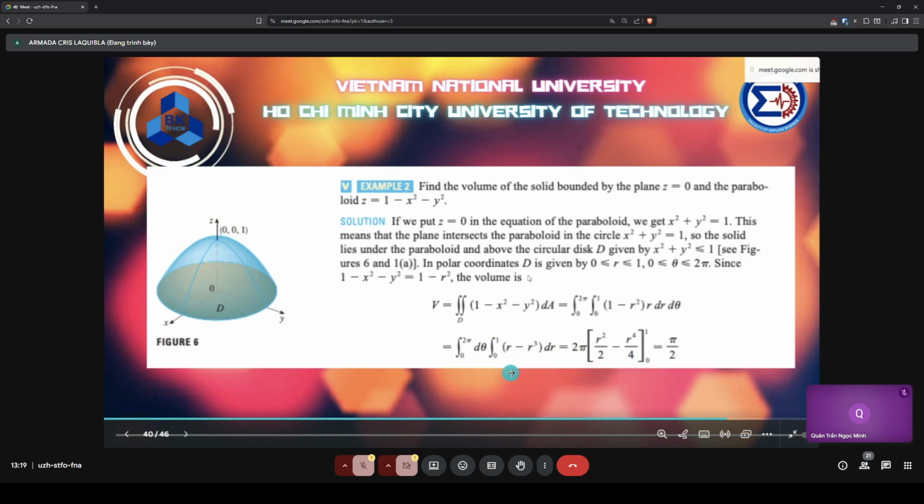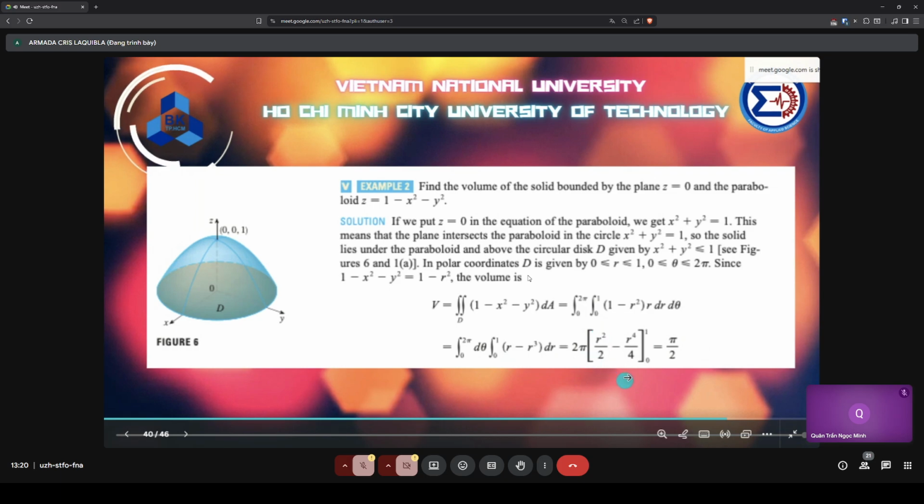So if we solve this using integration, not your calculator, we have there 2 pi, and then integrate r, we have r squared over 2 minus here r cubed becomes r to the fourth over 4. Integrate that from 0 to 1. Now we substitute 1 there. No need for you to substitute 0 because all of that will become 0. So this becomes 1 squared. 1 squared is 1, and 1 to the fourth is also 1.